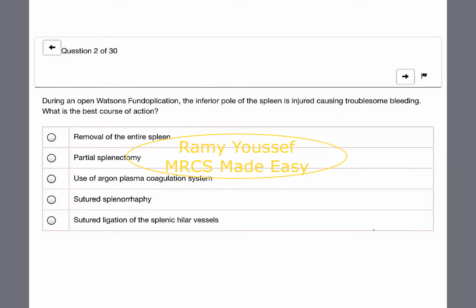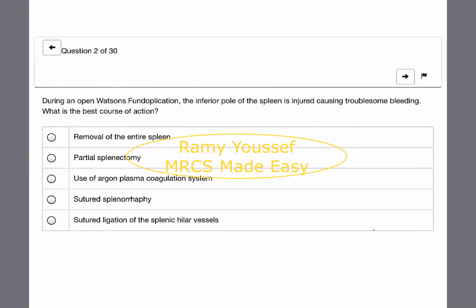The only other thing that you can do for the spleen is what's called splenic wrapping, and I think this is something advanced, and even I didn't see it before. They have some splenic injury where the pole is just cut or fissured, and they do what is called splenic wrapping.